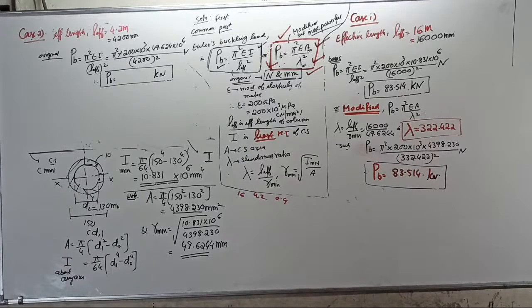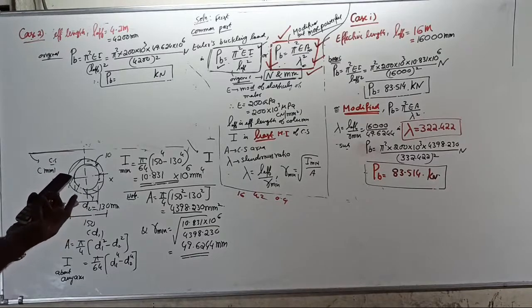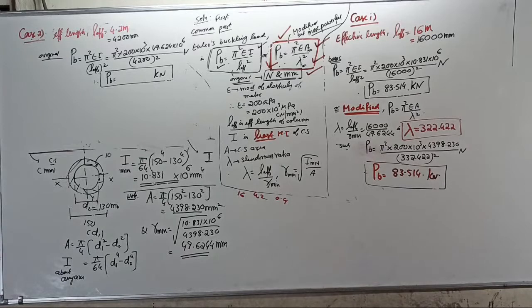How? What is happening first of all? See, you are giving a wrong value, Anisha. Pi square into 200 into 10 to the power 3 into 49.624 into 10 to the power 6 divided by 4200 square. I don't know why you are making mistake like this. How is it 1211.922?